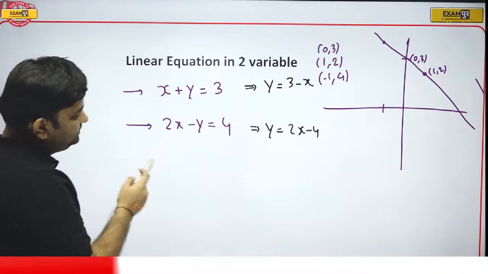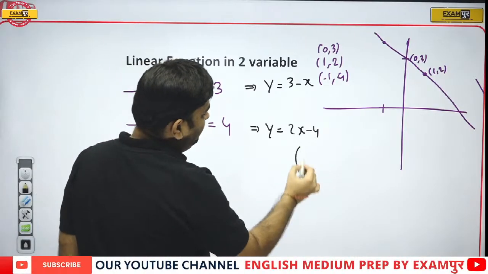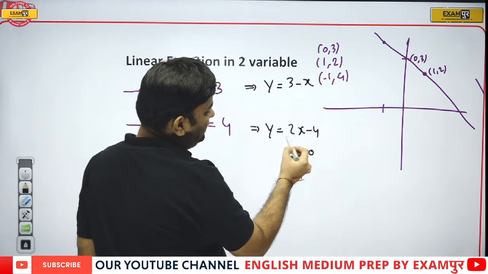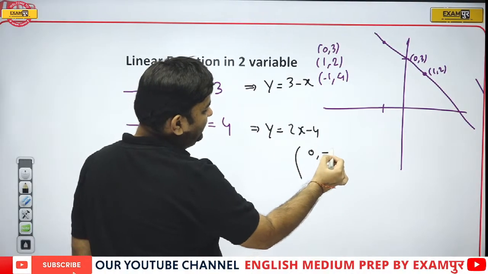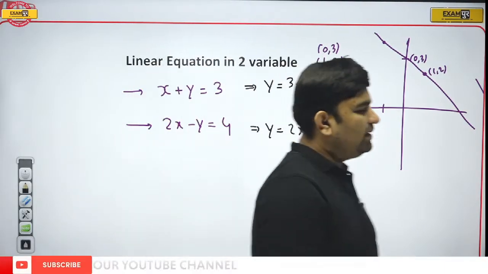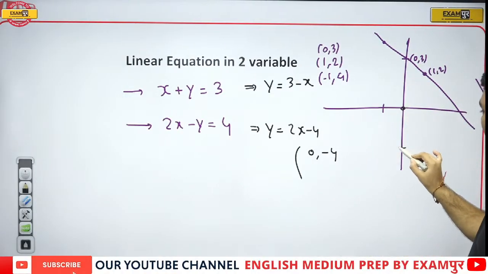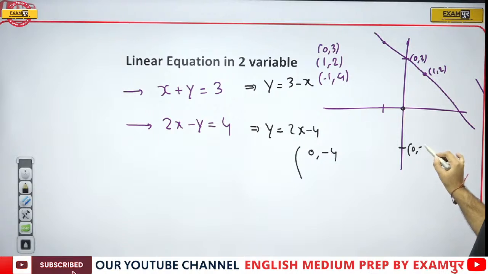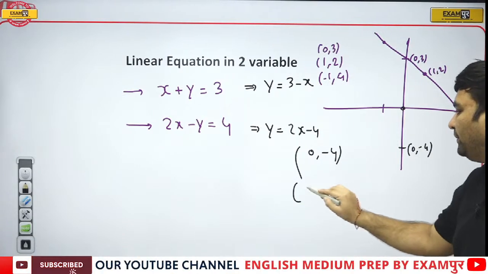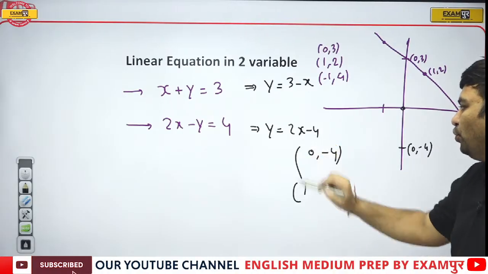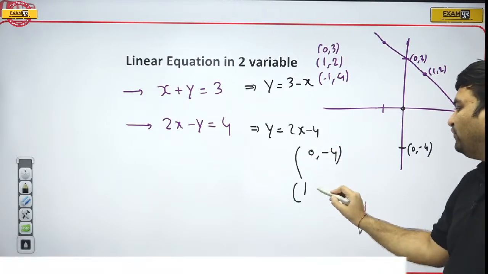Now, for x is equal to 0, y is minus 4. So 0, comma minus 4. For x is equal to 1, this is 2 minus 4, it is minus 2.